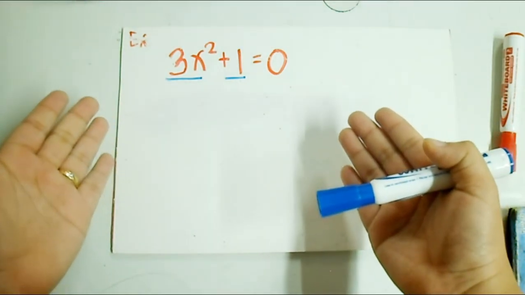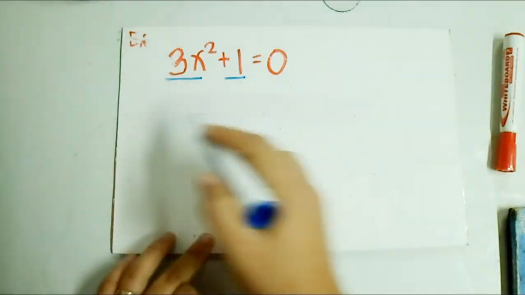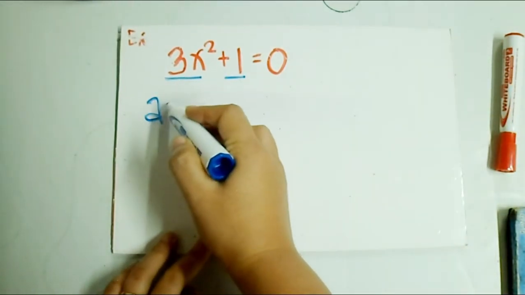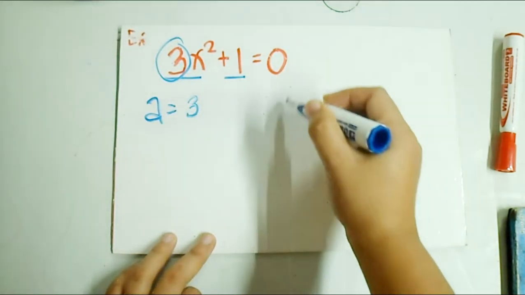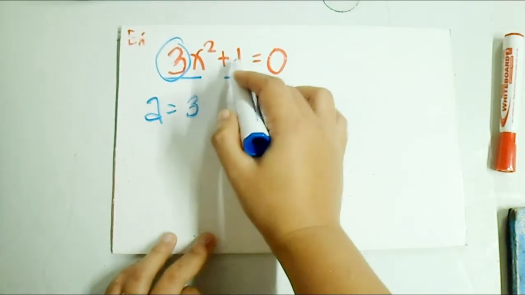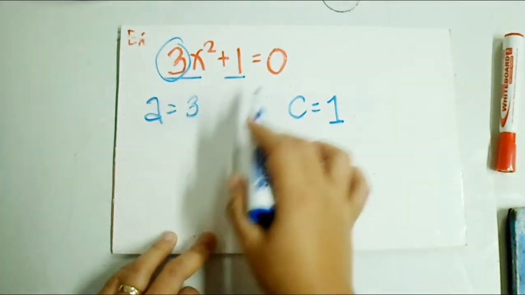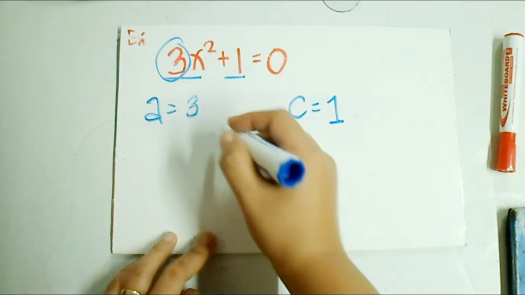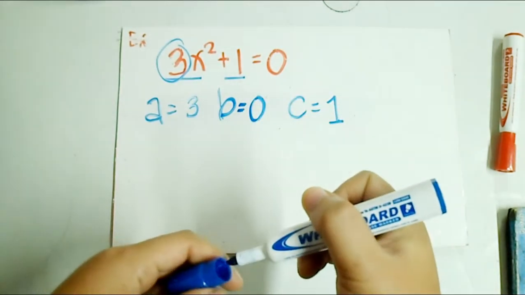However, this is correct because this is already arranged. Now we can identify a, which is positive 3, and c, which is positive 1. Since the linear term is not visible here, it means that b is equal to 0.